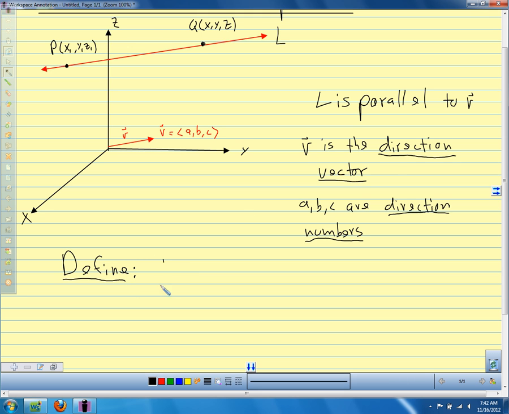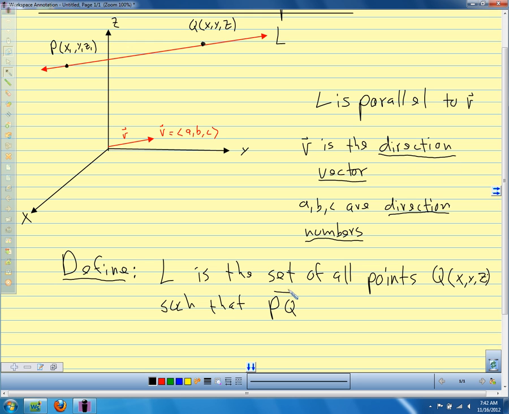So we're going to define L as the set of all points Q, and Q is just some arbitrary point on our line, such that vector PQ is parallel to our direction vector.